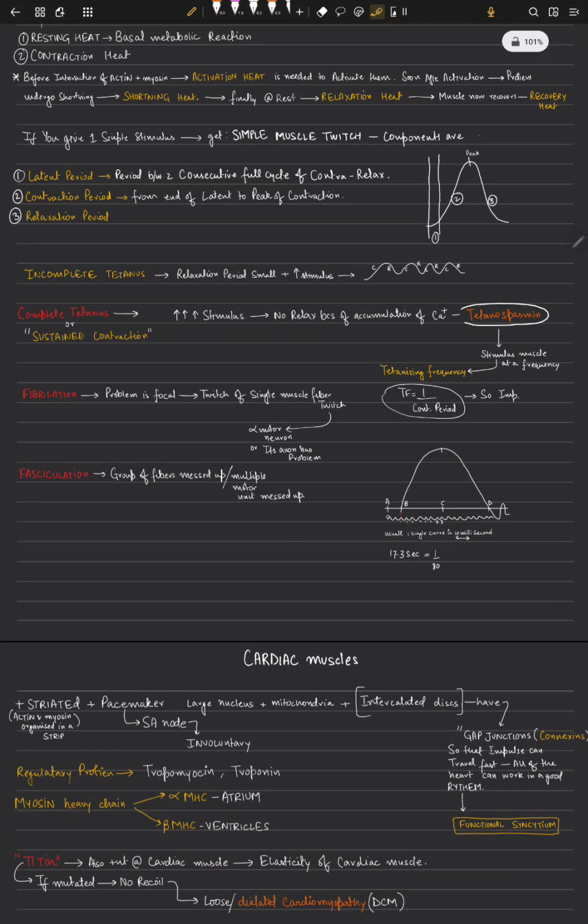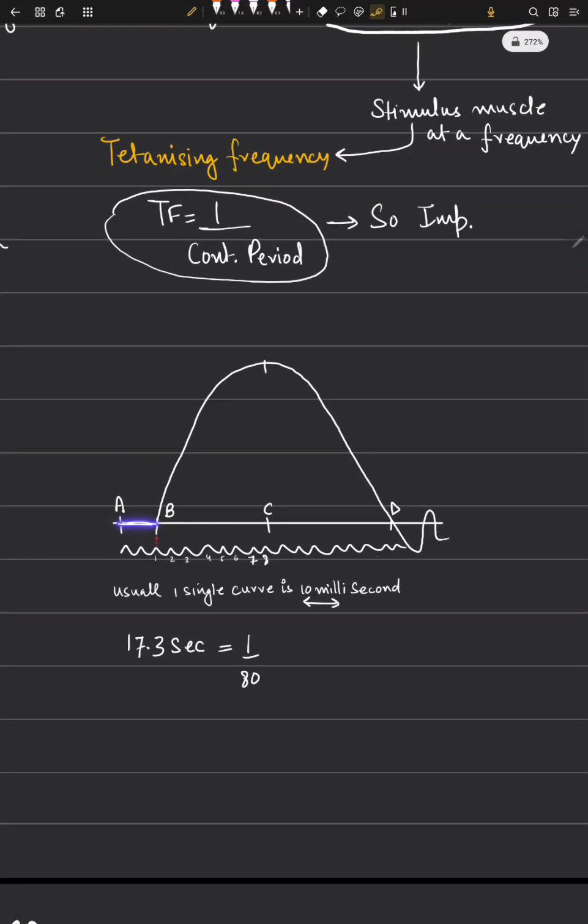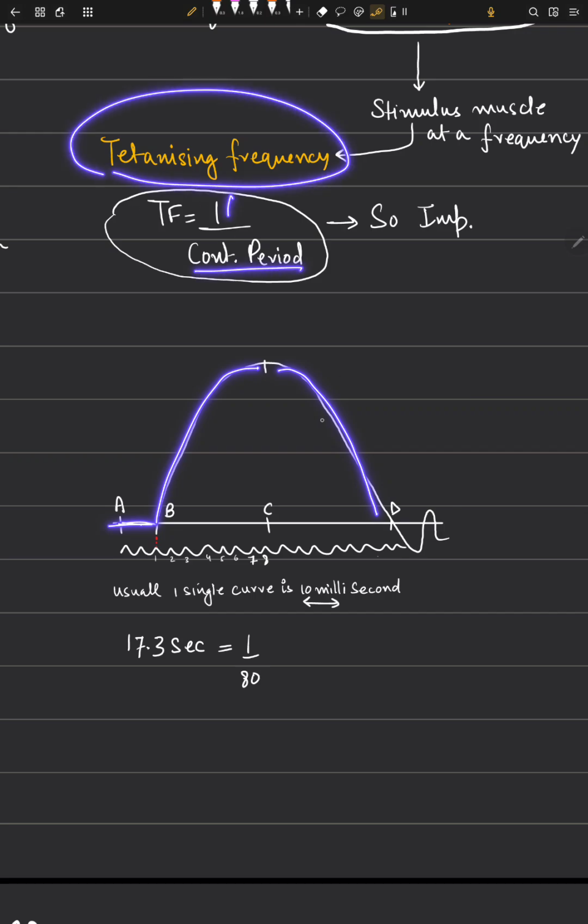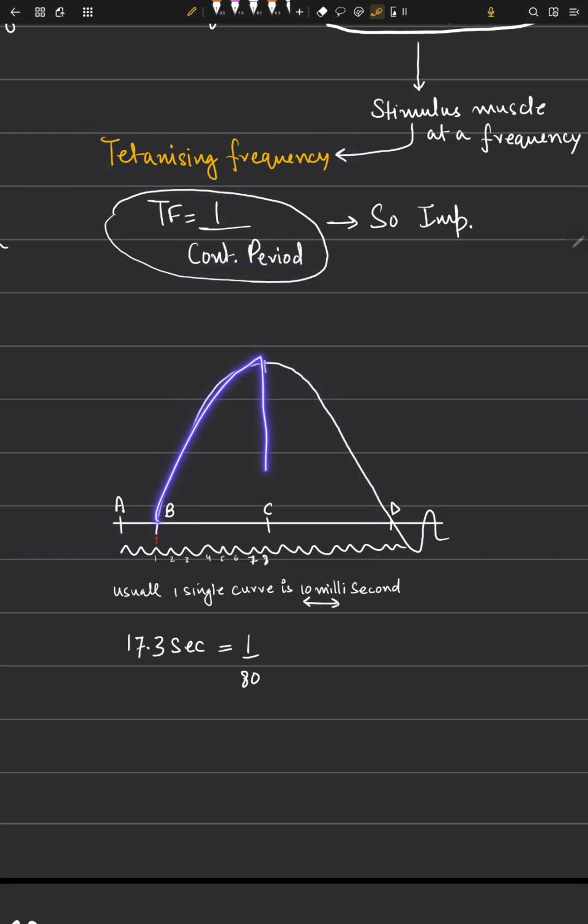Just say this is one muscle twitch. Again, this is the latent. This is the contraction. This is the relaxation. I know tetanizing frequency equals 1 upon contraction period. This is my contraction period.